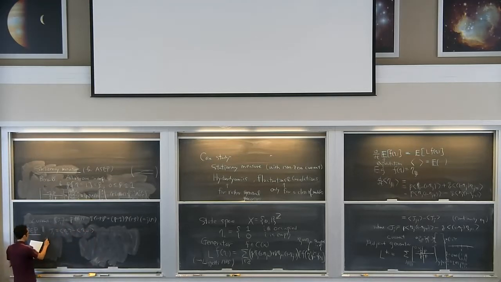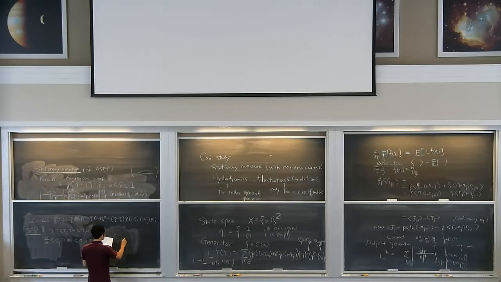So then the time evolution for the average density is given by this. So this is easy to solve, I think. This is just a discrete diffusion equation, which can be solved by Fourier analysis.